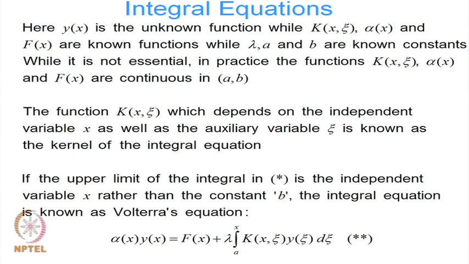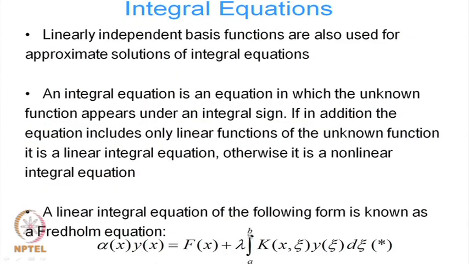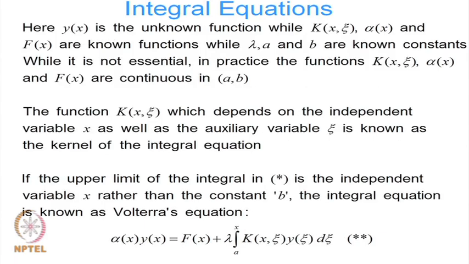So, that is the most important difference between a Fredholm equation and a Volterra equation. The forms are the same, except that in the Fredholm equation the integration limits are constants, while in case of the Volterra equation the upper bound is the variable x.